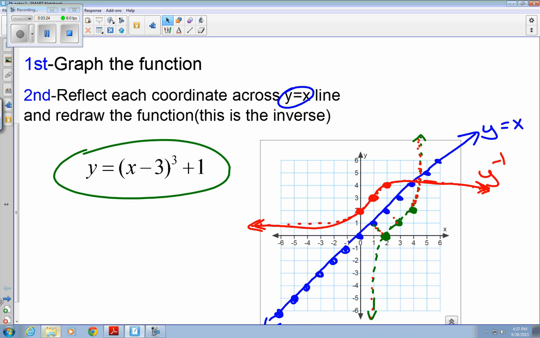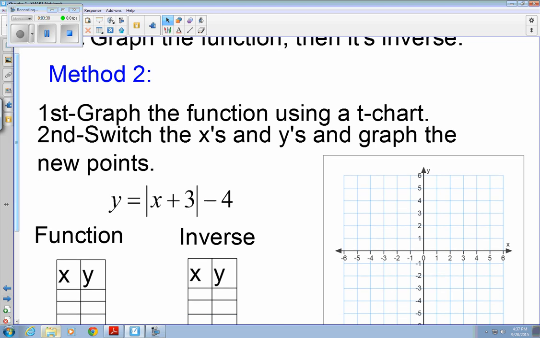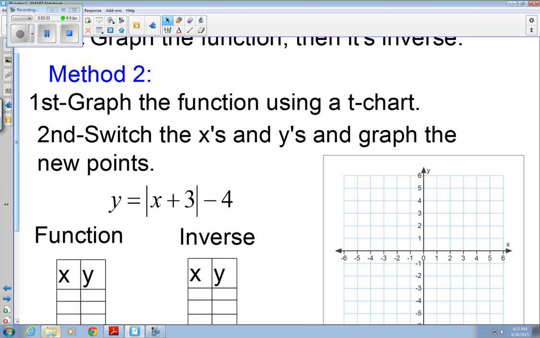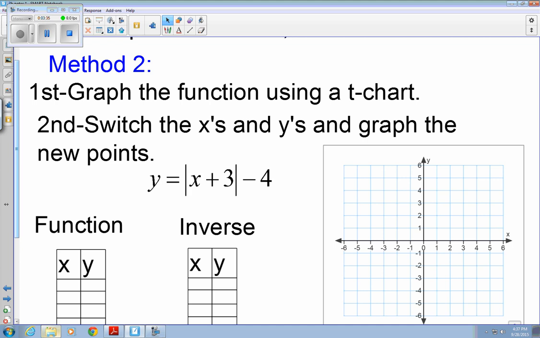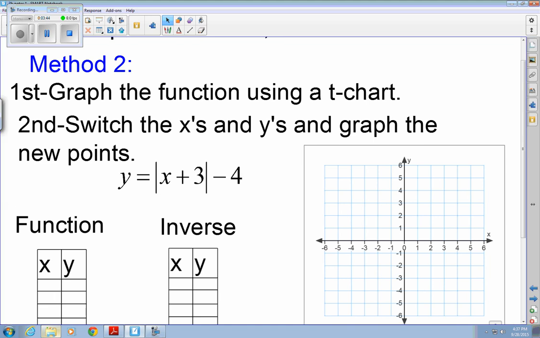Method 2. First, you're going to graph the function using a t-chart. So I'm just going to take this equation, y equals the absolute value of x plus 3, and subtract 4. First, we're going to graph this.